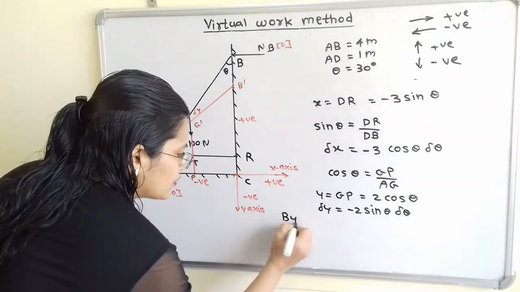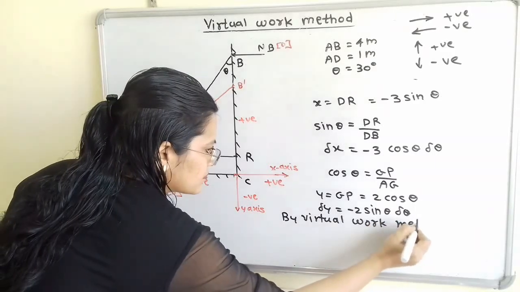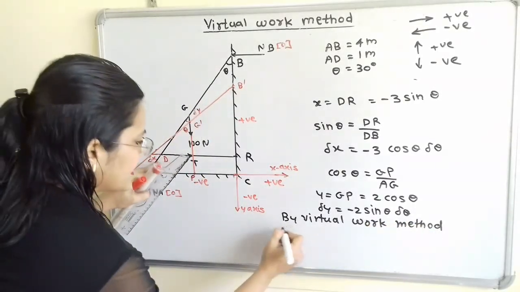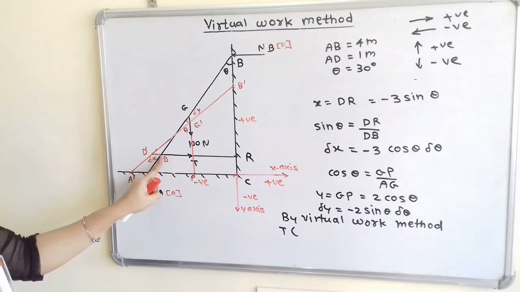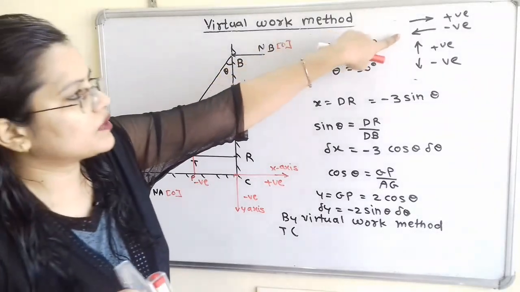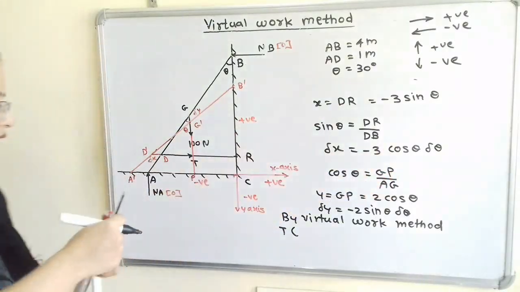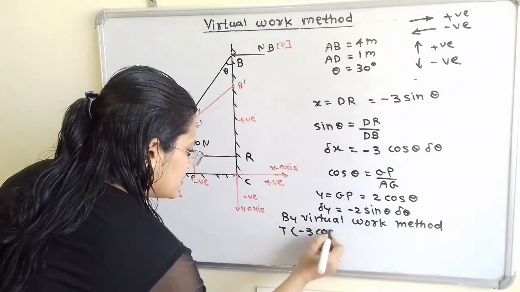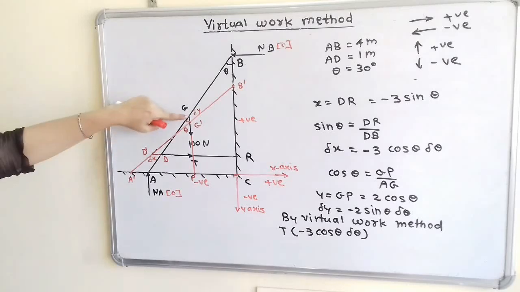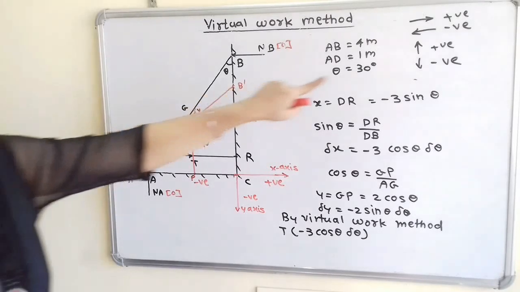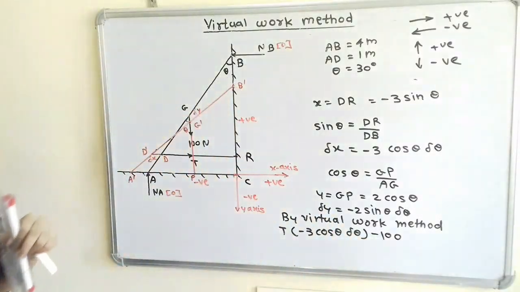So by virtual work method, I will take T multiplied by delta x. So here displacement is D to D dash, direction is towards left hand side, so we will use negative sign, so delta x is already negative, so we will take as it is, minus 3 cos theta delta theta, plus, now we will take other force, so other force is 100 Newton, which is in downward direction, so we will take minus 100 multiplied by delta y.